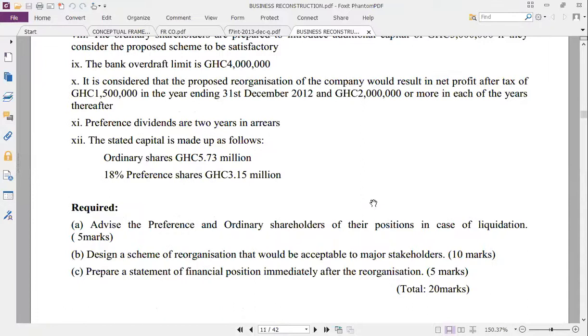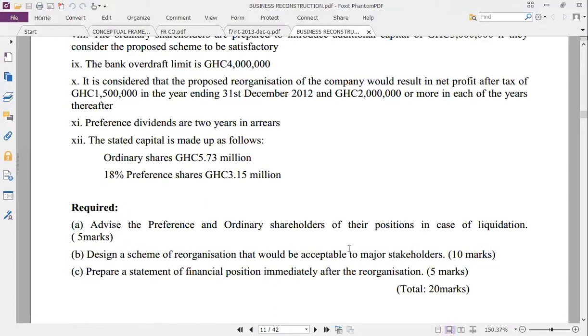Now, A: advise the preference and ordinary shareholders of their position in case of liquidation, 5 marks. B: design a scheme of reorganization that will be acceptable to the major stakeholders.